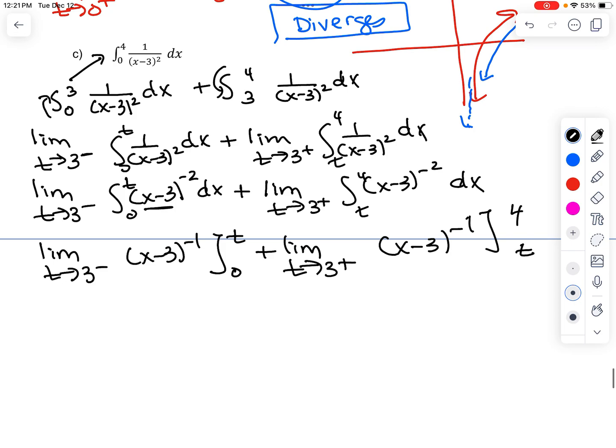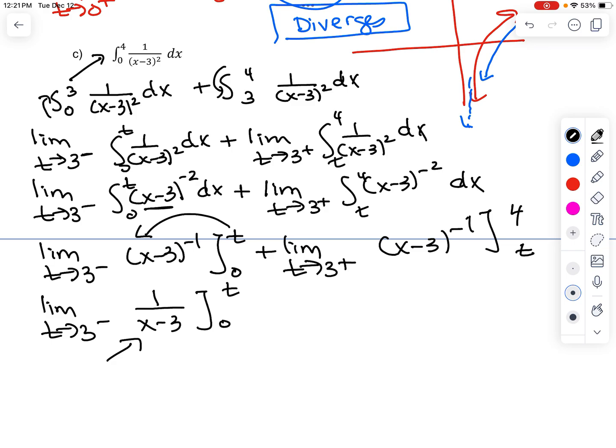Okay, let's go ahead and plug in our bounds and see what happens. So if I plug in 3 here, okay, let me rewrite this one more step. This is really 1 over x minus 3. So notice if I plug in 3 here, you're going to end up with a 0 on the bottom. So if the bottom of the fraction gets smaller and closer to 0, the whole fraction gets bigger and bigger.